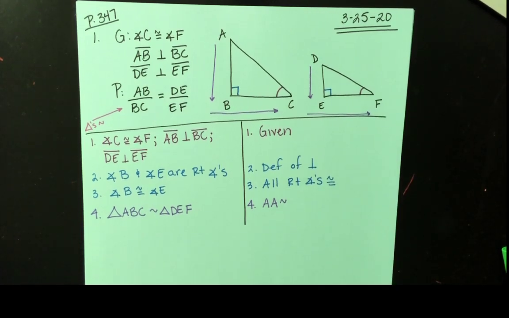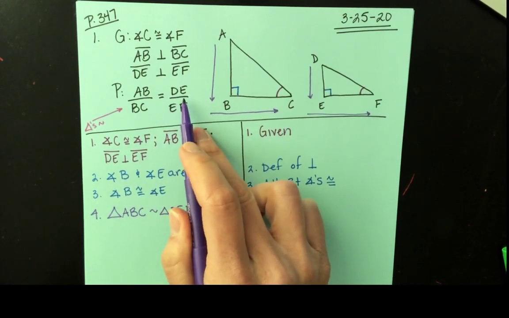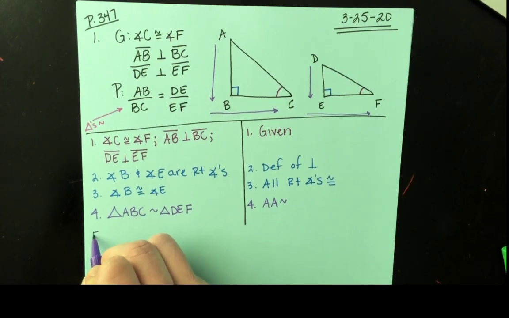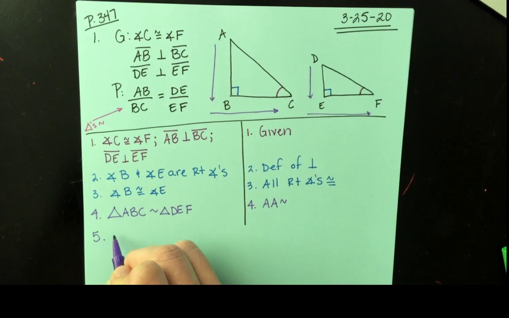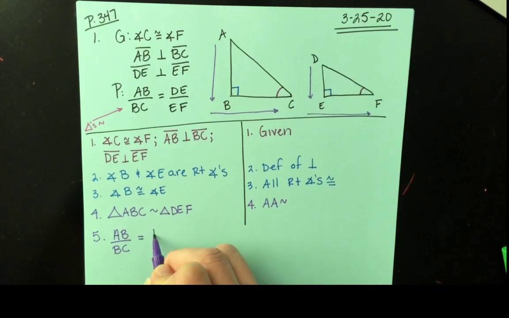So we can tell that whatever our ratio is from one will match the ratio for the other, because I'm telling us the triangles are similar. My last line will be our prove statement. Patterns match. The triangles are similar, so they should be in proportion.